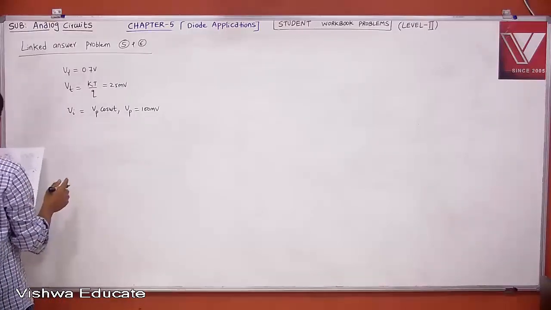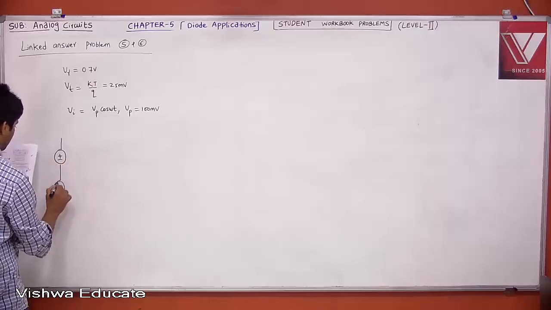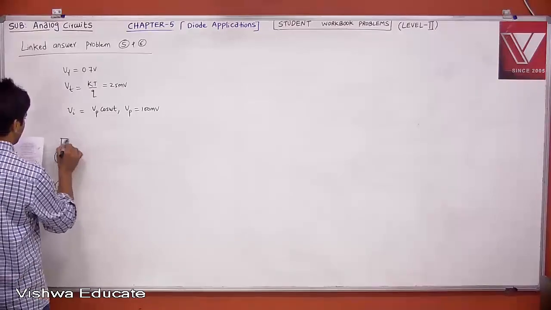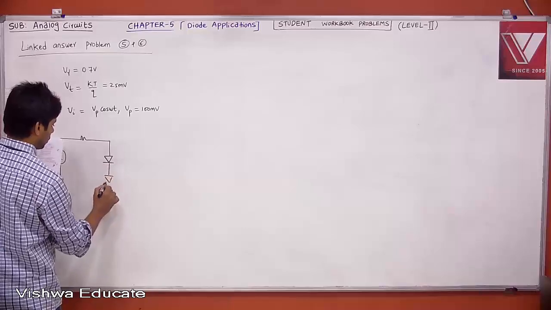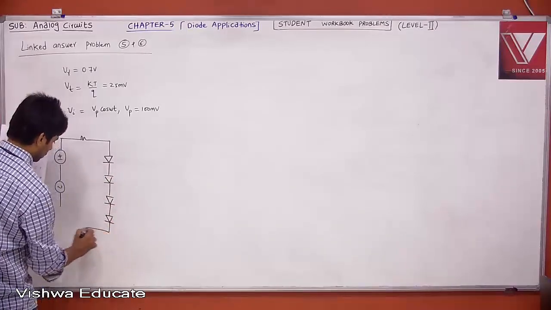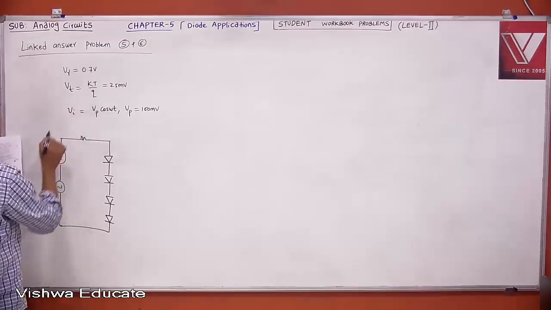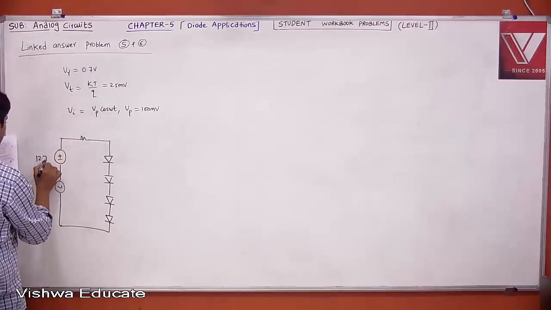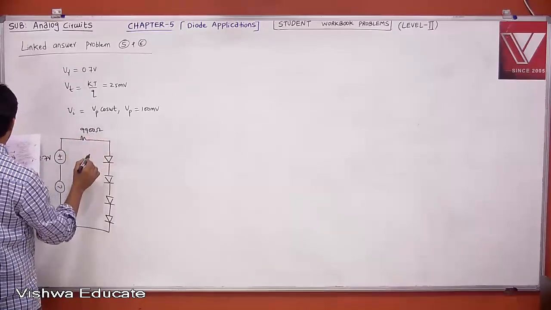And the circuit is given. Four diodes are in series. This is the small Vi which is given here, and this is 12.7 volt, and this is 9900 ohm.